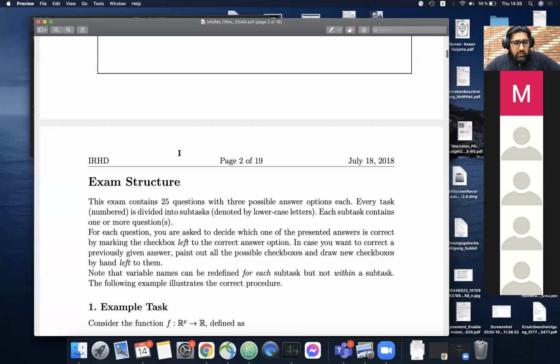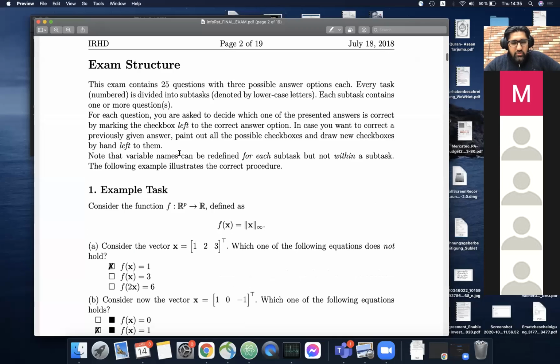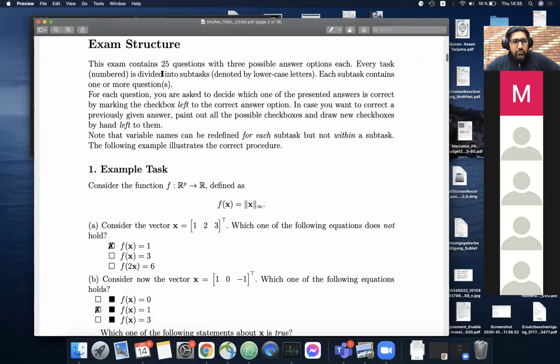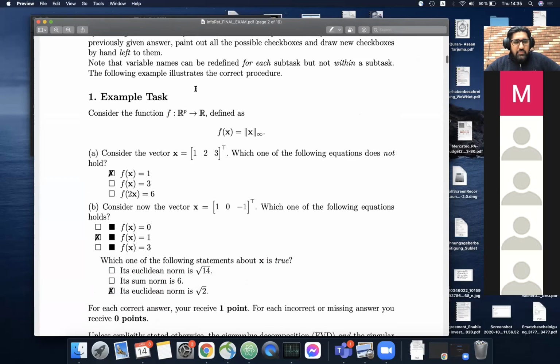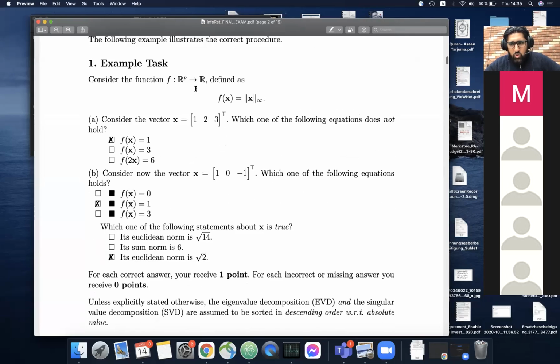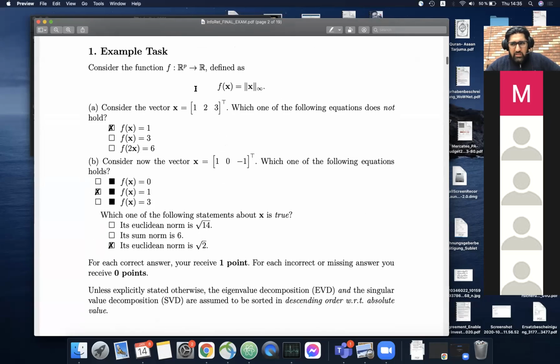Okay, and then the exam structure, I'm just showing you roughly. It would be like 25 questions with three possible options each. Every task would be numbered, and let me just show you. These would be the mock questions which are in PDF format, but we will upload them into the quiz format so that you could solve them.